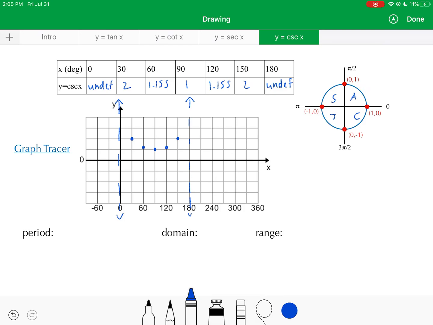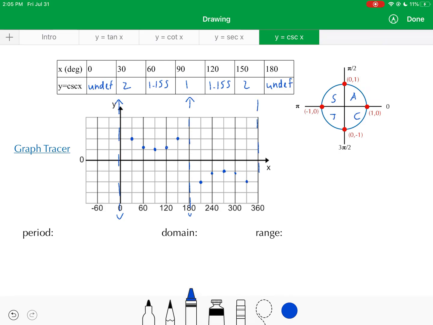So that means at 210 degrees, cosecant should equal negative 2. At 240, negative 1.155. At 270, we should be at negative 1. At 300, negative 1.155. And at 330, negative 2.